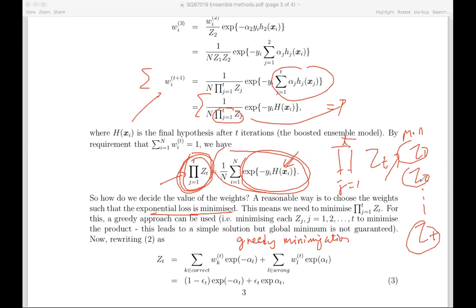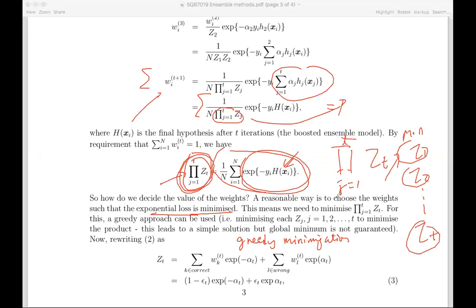So this is the greedy approach, very simple. This approach will guarantee that you reach some kind of local minimum, but it may not be the global minimum. But it has the advantage of being fast.